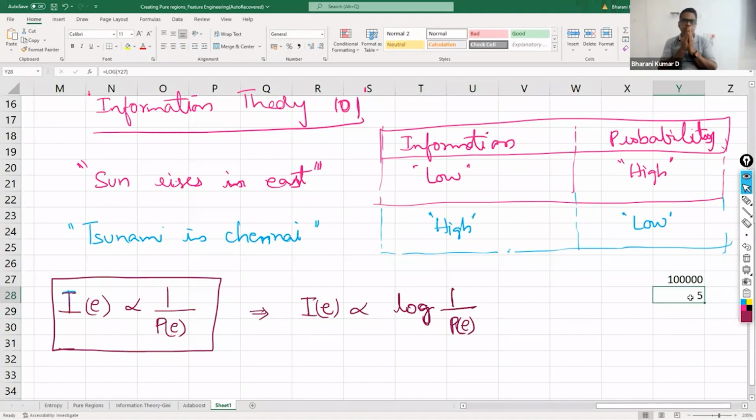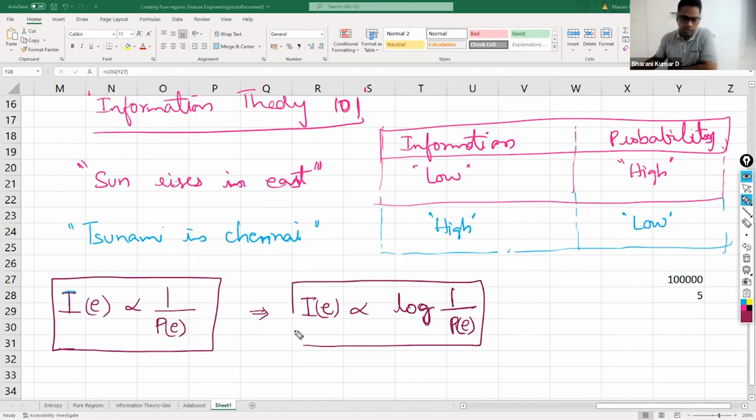So my math calculation will become faster. That's the only reason why people use log. Okay, anyway, that aside. Now, if you want to take this probability to the numerator, what would happen?